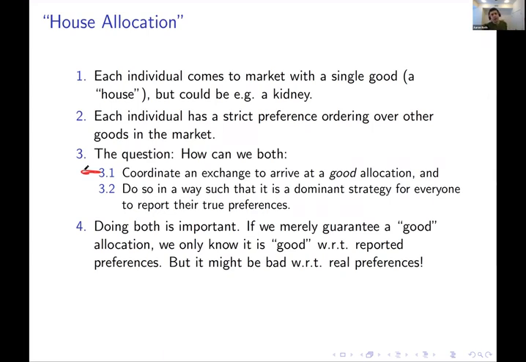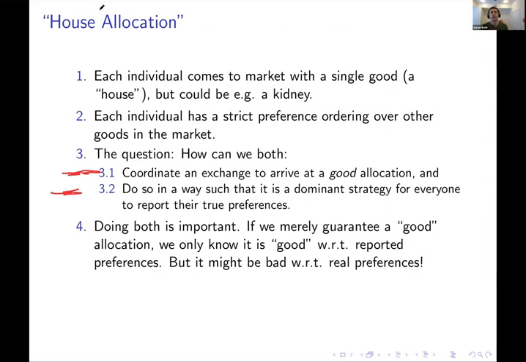And that's why we want to design mechanisms that actually incentivize people to report their preferences truthfully, so that we can be certain that the good allocation we came up with, since we did solve the algorithm design problem in part one, actually is a good allocation, not just for the reported instance of the problem, but for the real instance of the problem, because people report truthfully. Does that make sense?